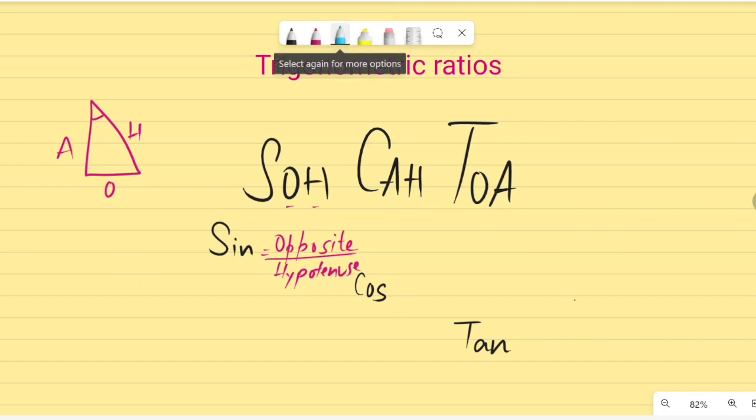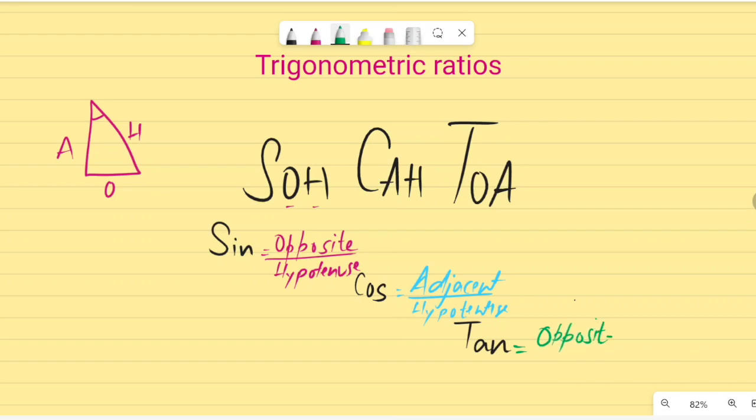Cos: A stands for adjacent, so cos is equal to adjacent over H, H stands for hypotenuse, and tan is equal to O over A, O stands for opposite, over A, which stands for adjacent. So this is how it works.